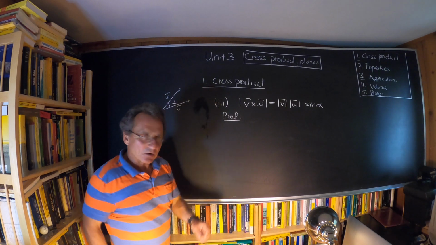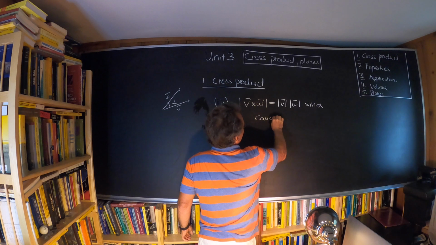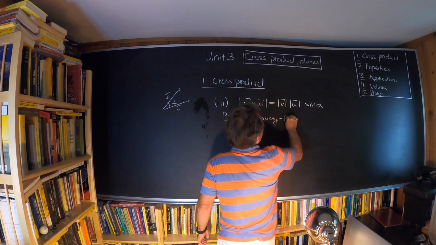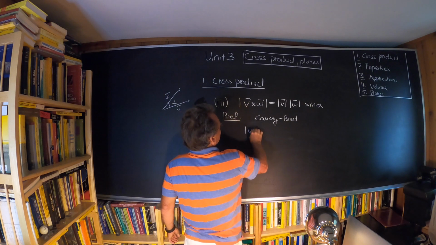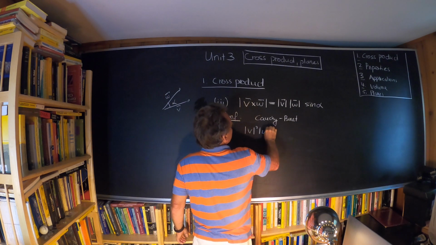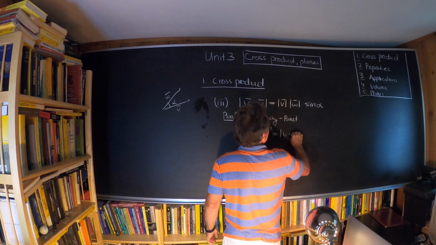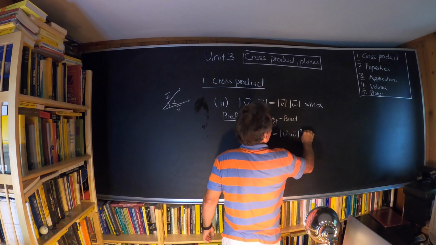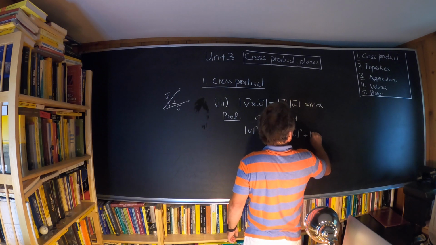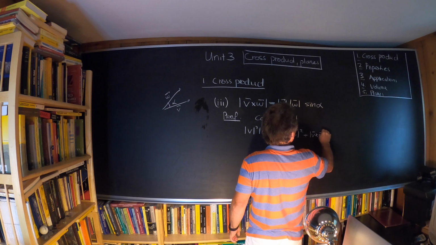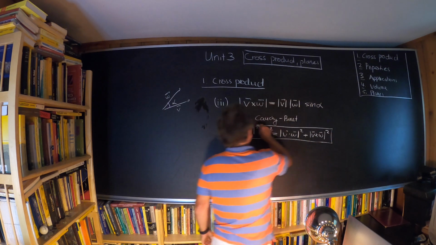So there is an identity called the Cauchy-Binet identity, which says that V square W square is equal to V times W square plus V cross W square.